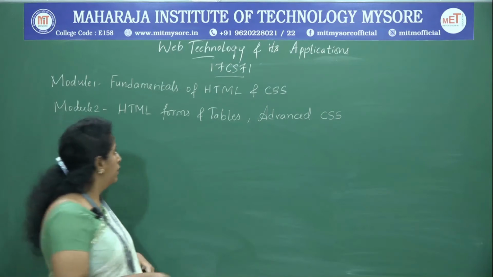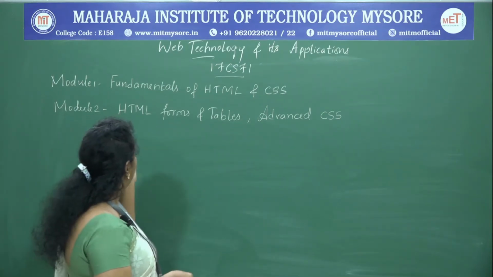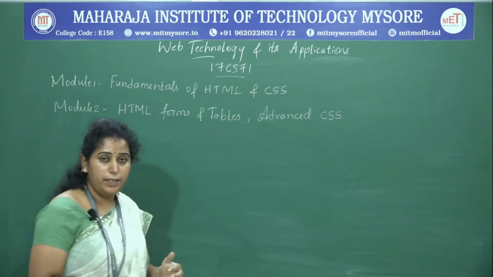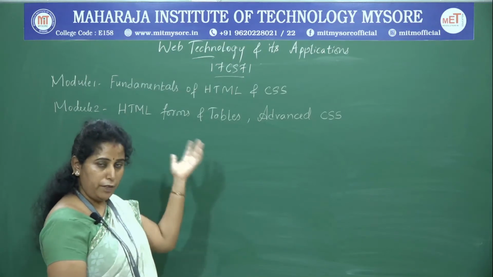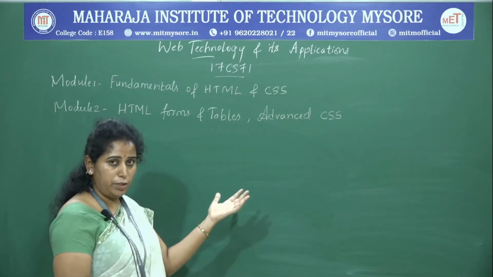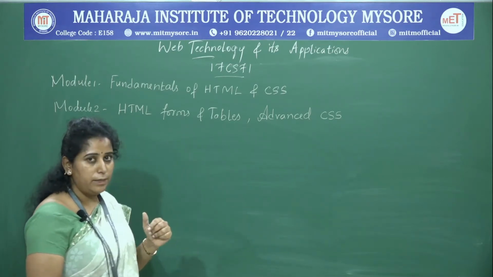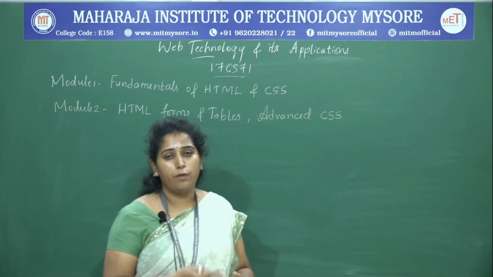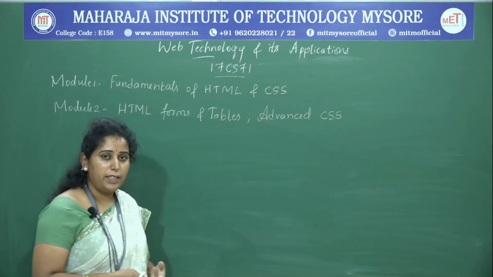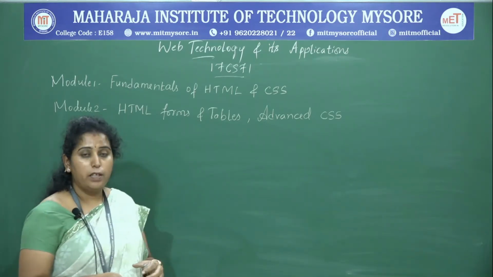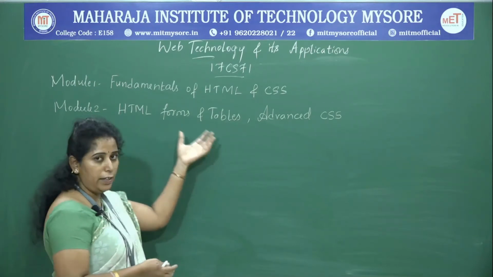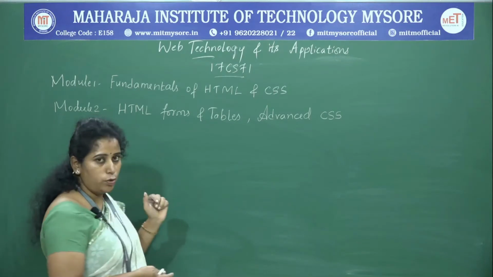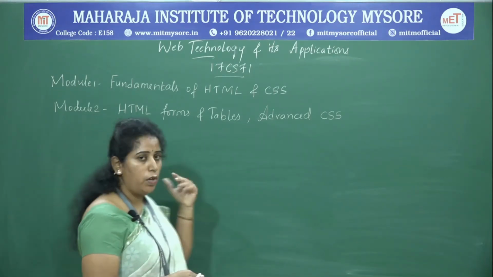In this module, you will be learning a continuation of the previous chapters, that is HTML and CSS. In module 1 you get basic knowledge of creating a web page with HTML and CSS. Now, to make it more efficient by adding tables and forms, you will get knowledge of this in module 2. For example, what are forms, what are tables?